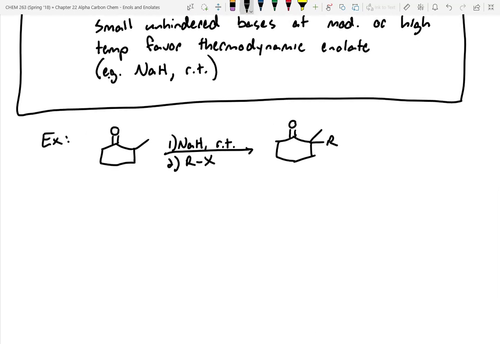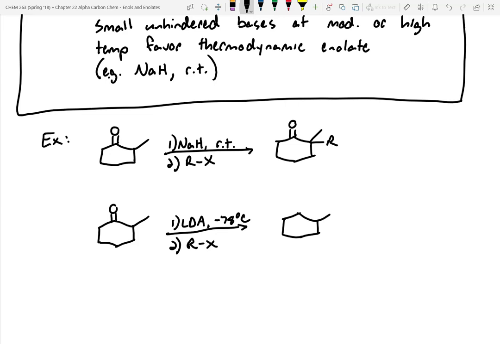Where for the bottom one, our kinetic enolate, we want it to go off the other alpha position, and that's where you would use LDA at negative 78 degrees Celsius, followed by your alkyl halide, and then you get it attached onto the different position, or the opposite alpha carbon. Does that make sense? So we do have the control to affect which carbon gets alkylated.